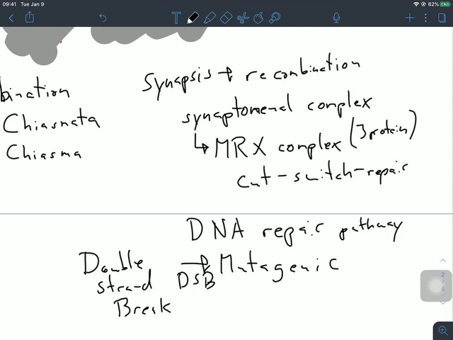And DSBs are inherently mutagenic because some percentage of the time you won't repair back properly. Things will not connect back correctly on a DNA level. So that means maybe an A switches to a G and there's a mutation in the process of recombination.